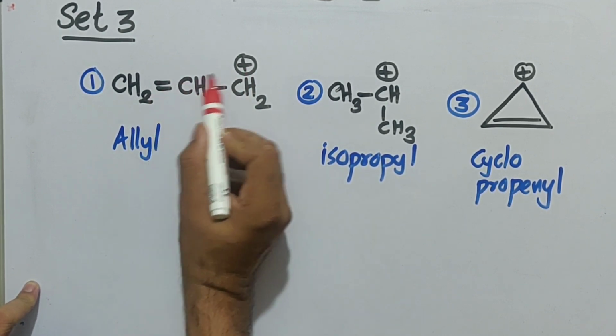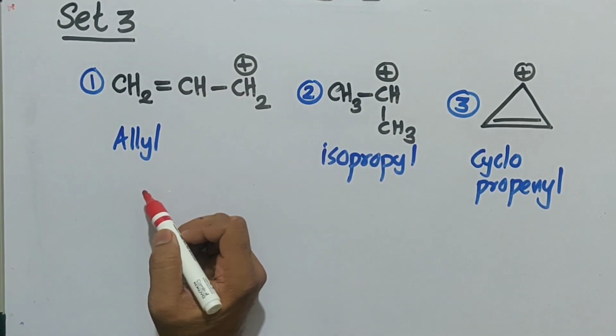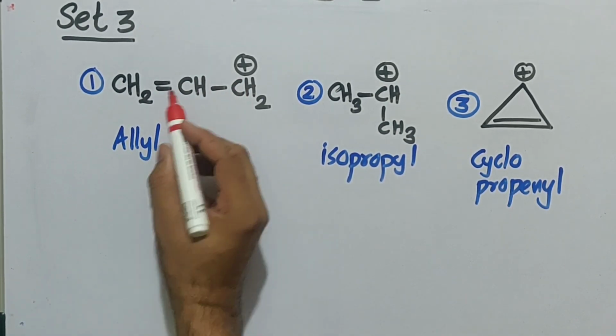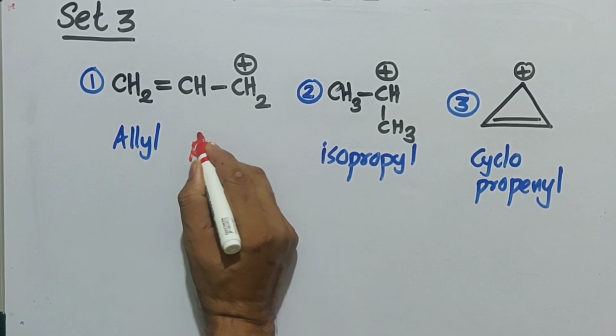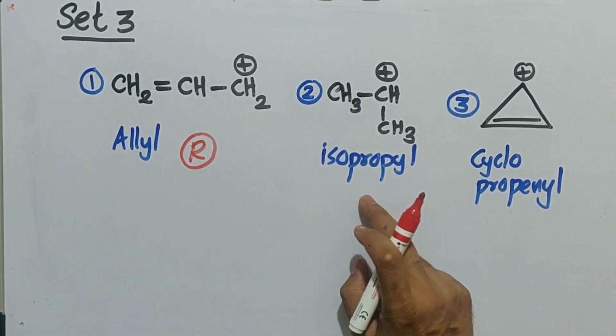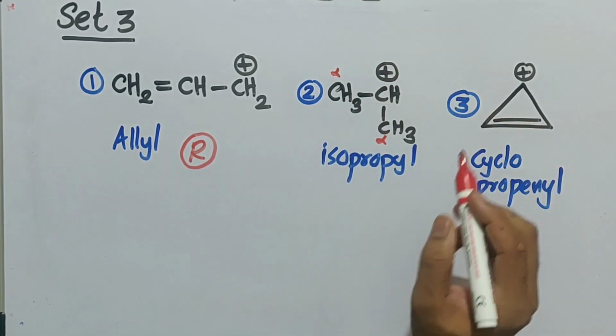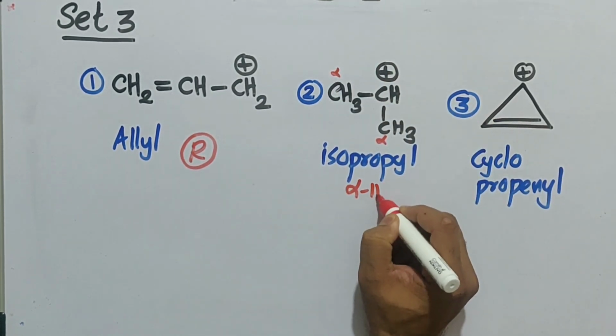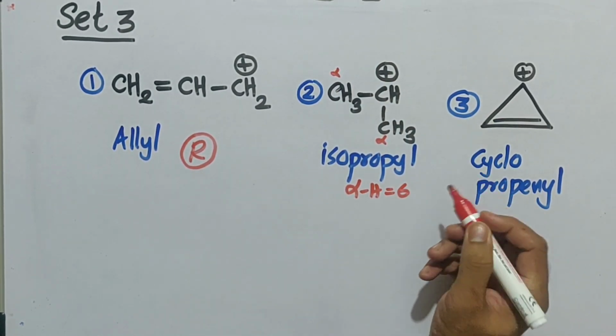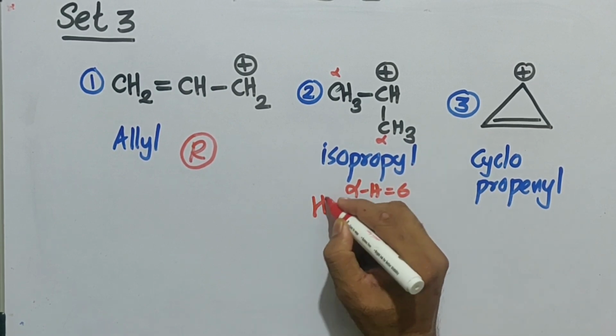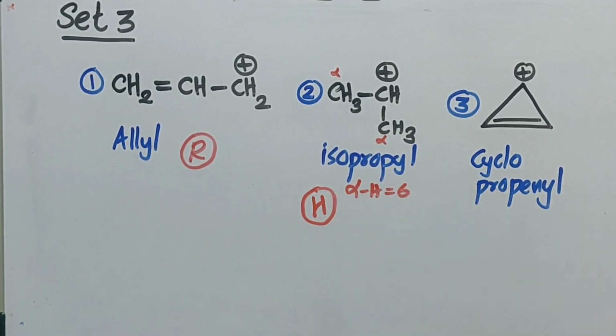That is why this is an example of a conjugated system, so it will show resonance. In this case, this is alpha carbon, this is also alpha carbon, so 6 alpha hydrogen atoms are present and this shows the hyperconjugation effect.